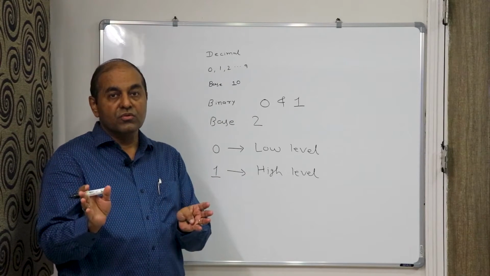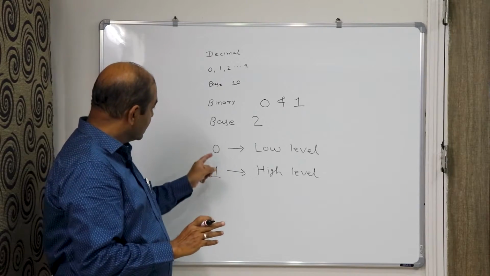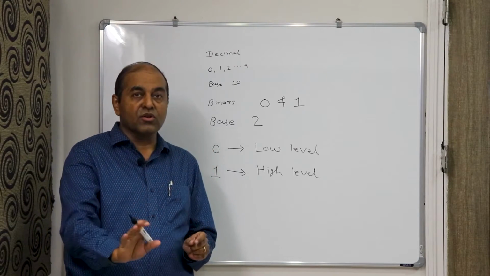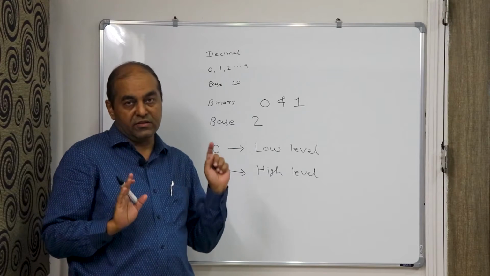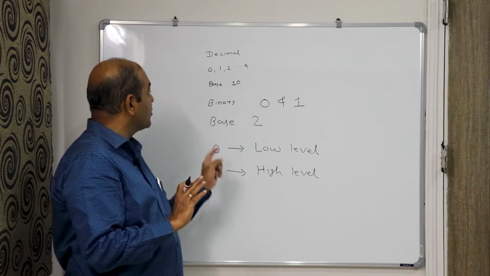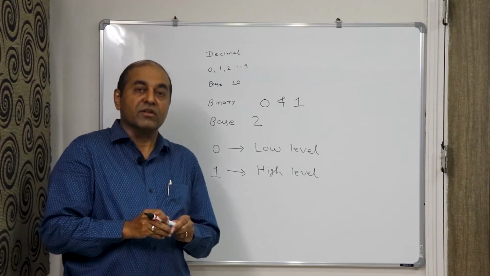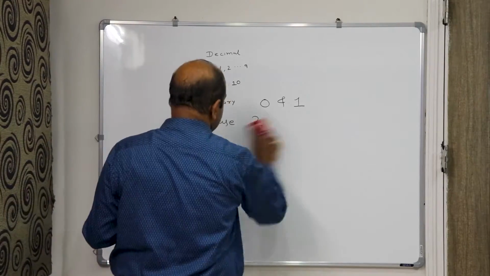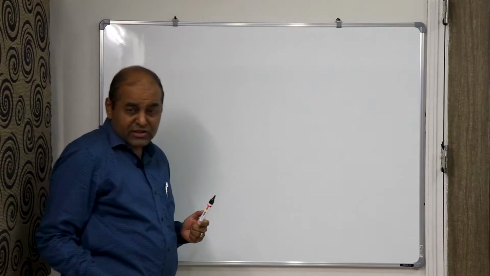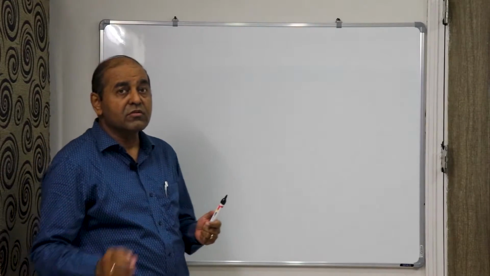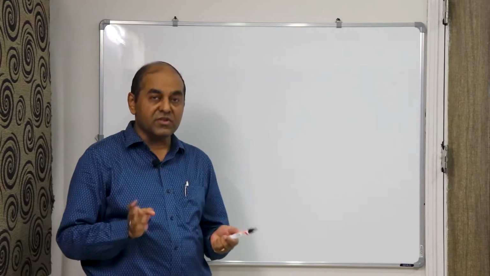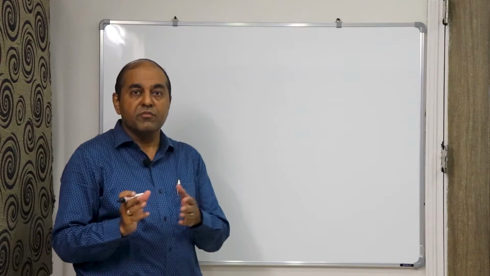So you have to keep this thing in your mind, that if there is a 0 means low level, 1 that is high level. Okay, so this is about the binary number system. Now let's start with the logic gate. In standard 12, you have studied about basic gates as well as universal gates. So first, basic gates.